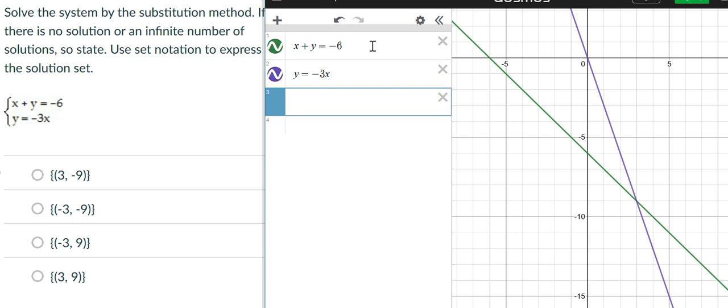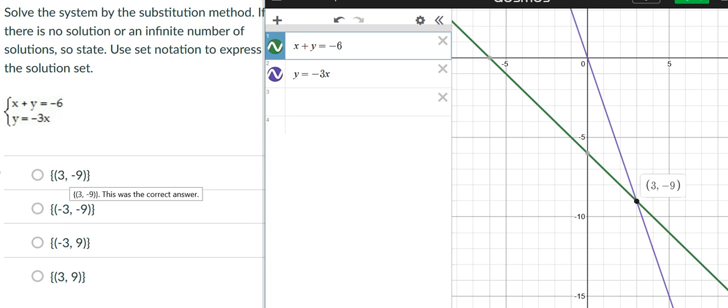You get another line, okay? And then you look at this point, (3, -9). So the point is the solution for these two linear equations. The solution (3, -9) will be on those two lines. That's the intersection. Okay, that's the meaning of the solution.